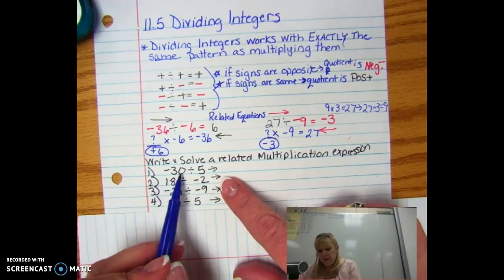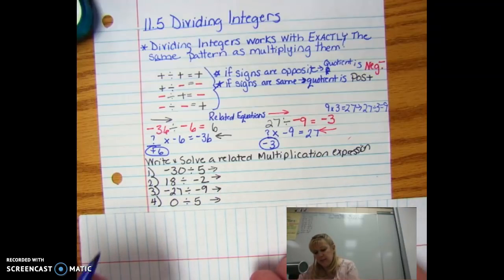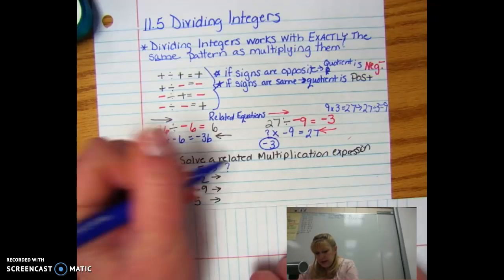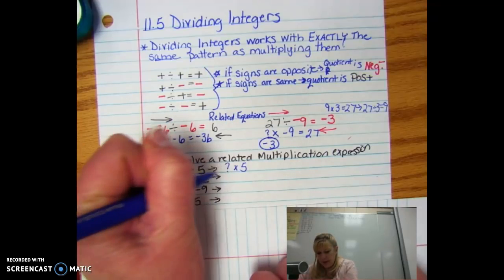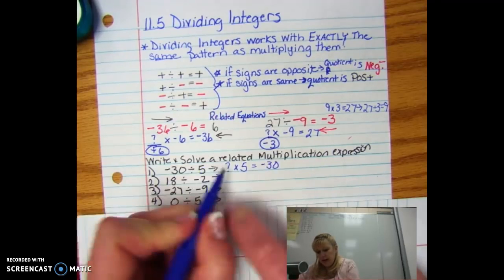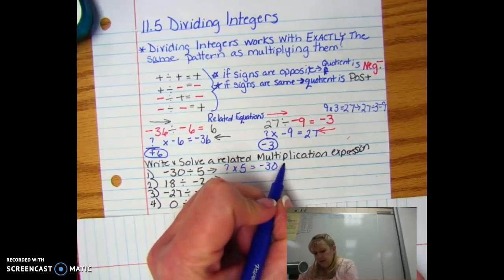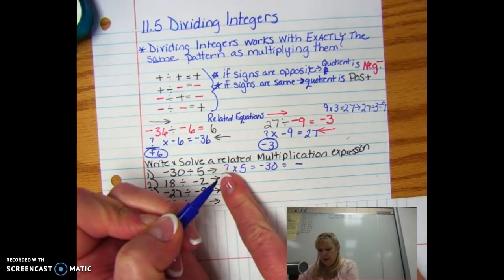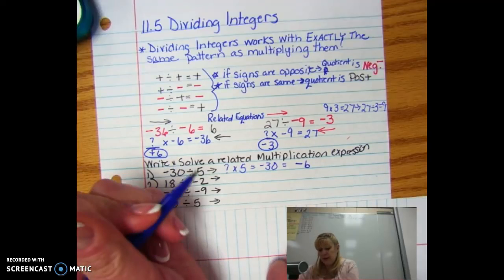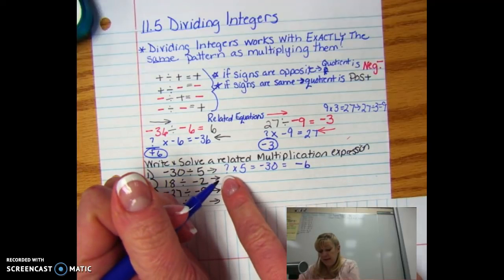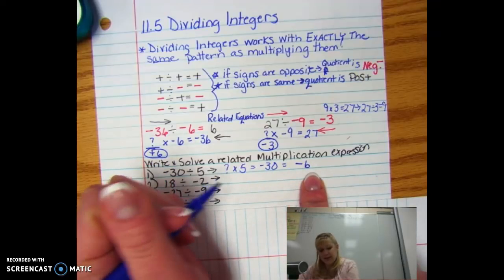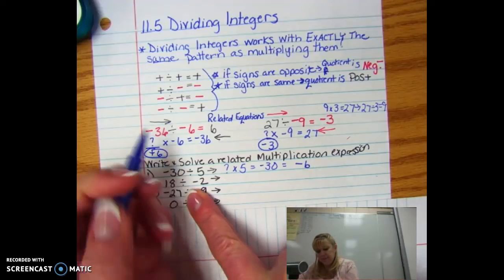So negative 30 divided by 5 is the same as saying what number times 5, we're going backwards, equals negative 30. Well, I know that to get it to be a negative, my answer has to be a negative number, and it has to be a 6, because 6 times 5 is 30. So does negative 6 times a 5 equal negative 30? Yes, it does. So we've got the answer right there.